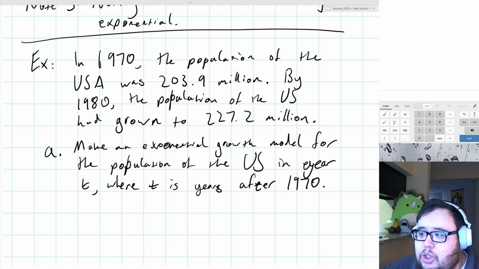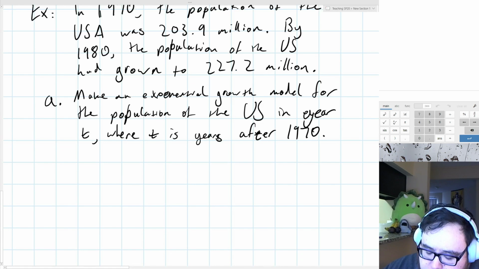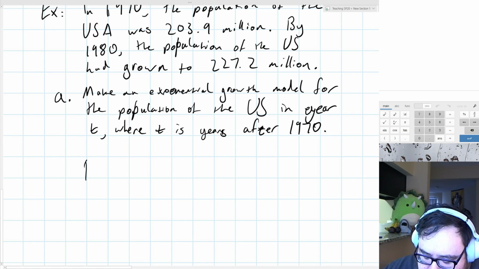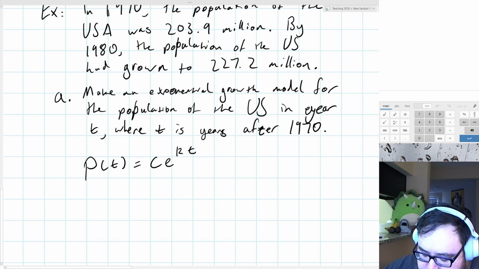So we can use these 2 points to figure out what that model should actually be. We know our model is going to be P of T for population is equal to C e to the kT. And first, we have 2 points.